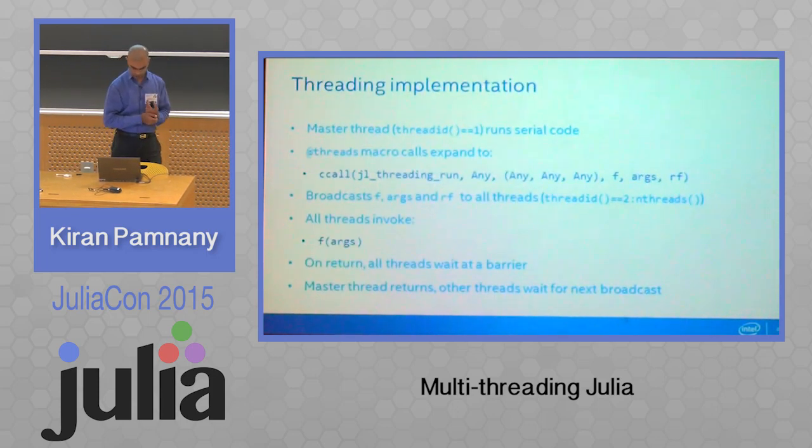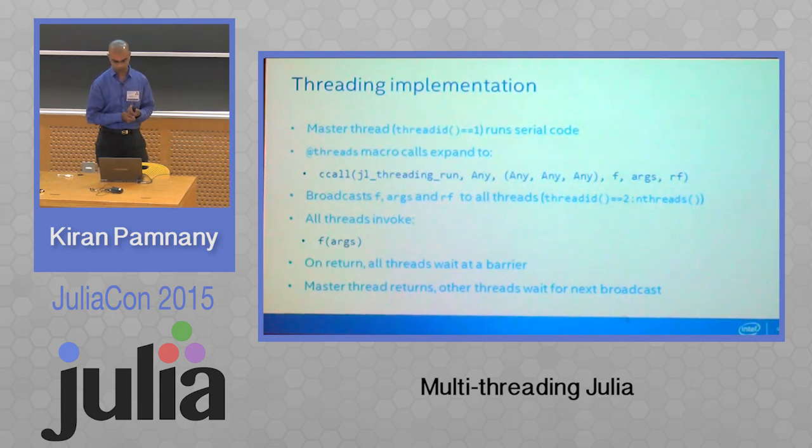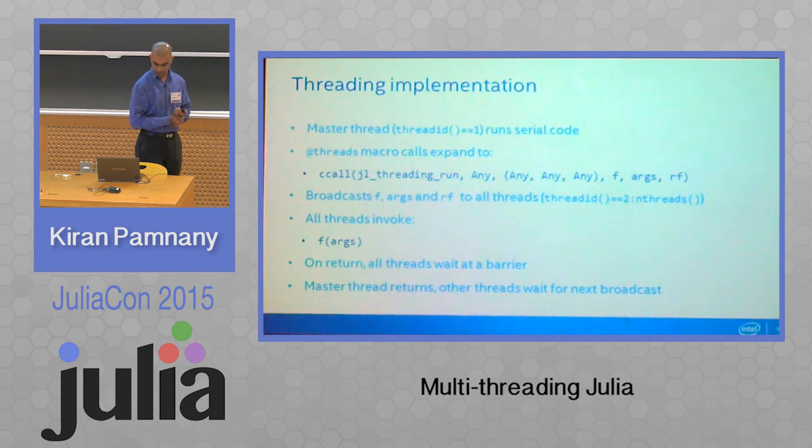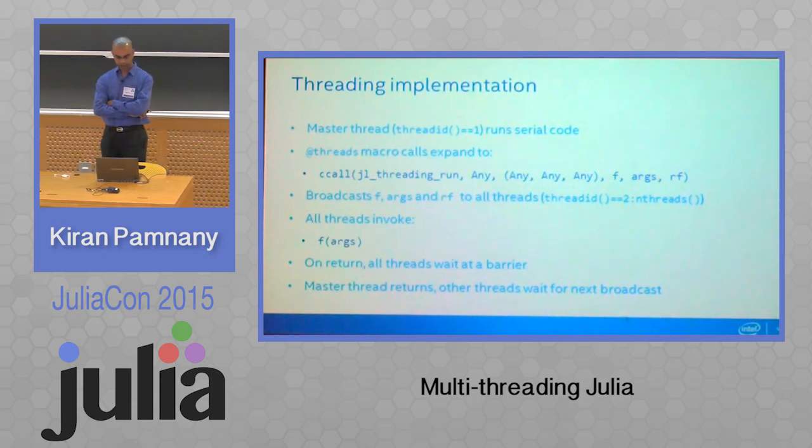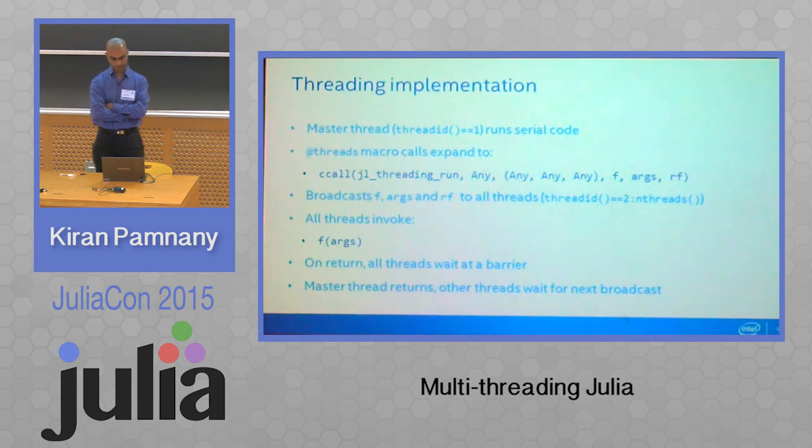So how does this all actually work? How do those forms work? This is an overview. The entire interface is essentially a C function inside Julia called jl_threading_run, and that takes three parameters: a Julia function that should be run by all the threads, a tuple of any arguments which are passed to that function, and, as of right now, a reduction function which is applied to the return values of these functions from all the threads, and the reduced value is returned from jl_threading_run.